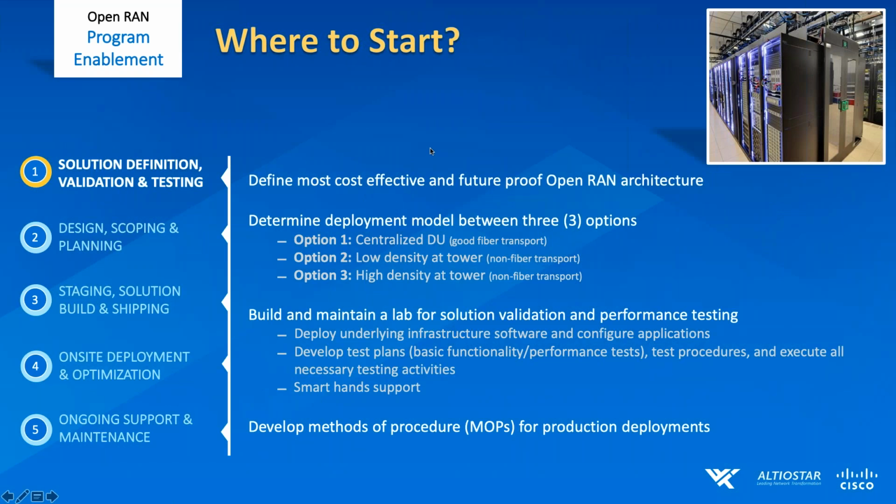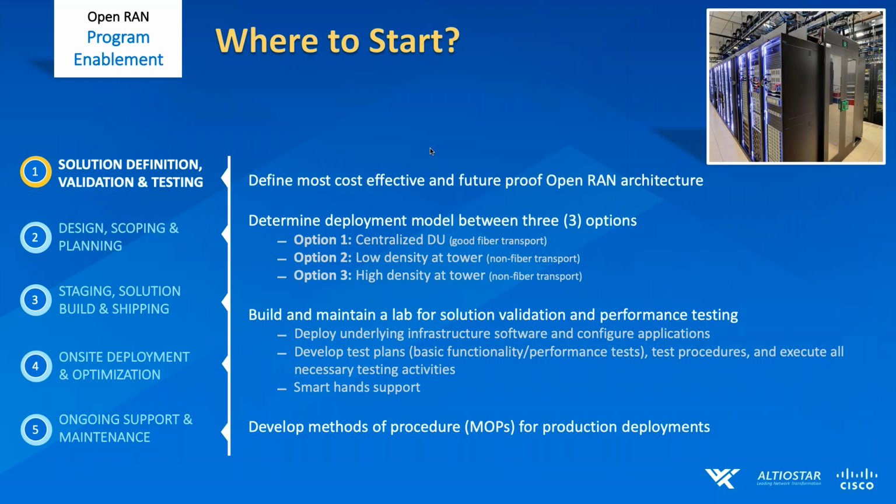And in the few remaining minutes, I just want to take you through, for example, what's behind the first step, solution definition. What are the types of things that we'll solve? One of the most important is, what are the various deployment options, right? A lot of this has to do with the budgetary constraints of the operator, the size, the service area, but also what's in the network today.